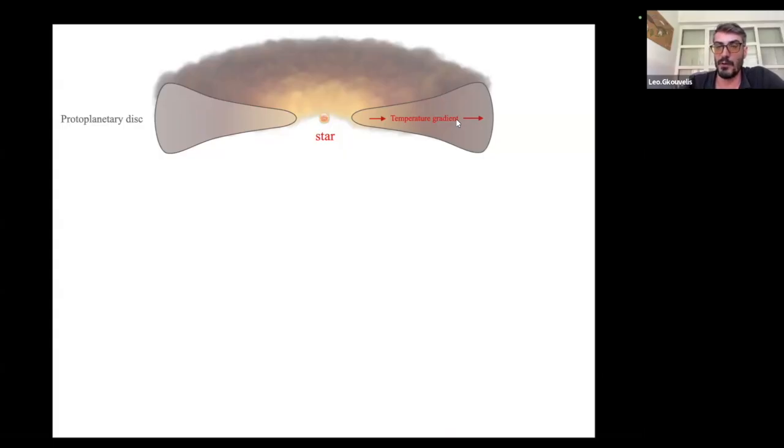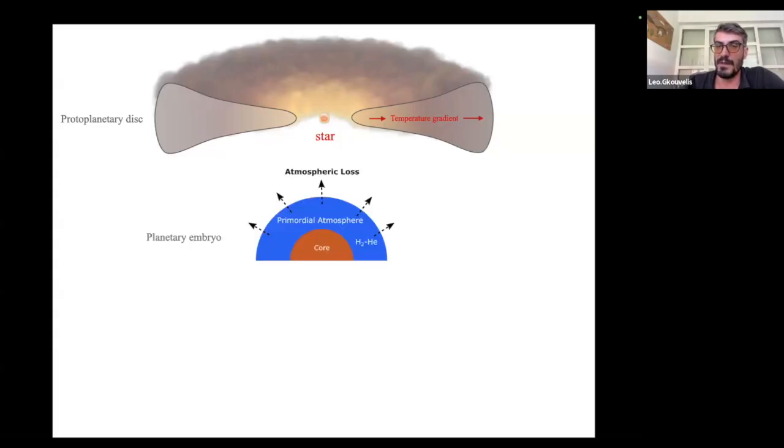Now, for the rocky ones, it's not so simple. When they form closer to the host star within the disk, because the condensation temperatures of metals are much higher, metals come together and form silicates and a rocky core in the beginning, and only a small part of nebular gas will be added to this rocky core.